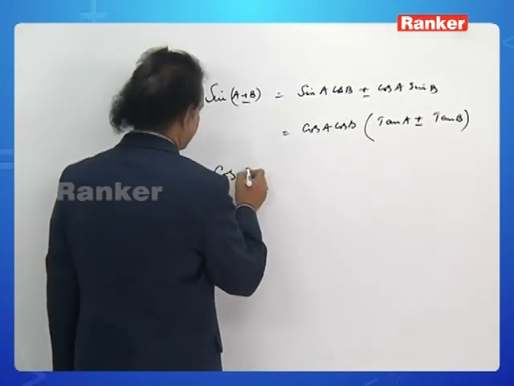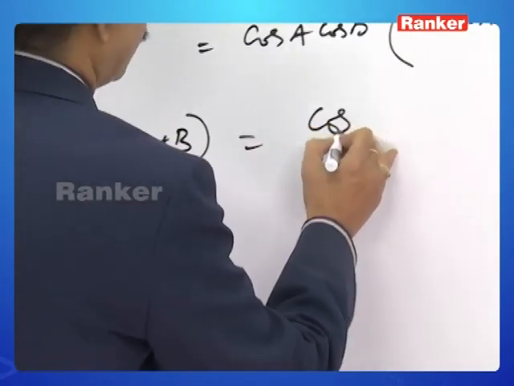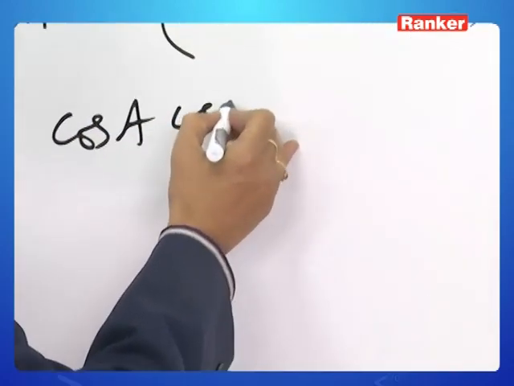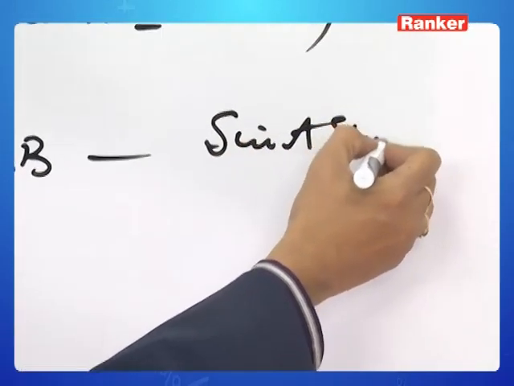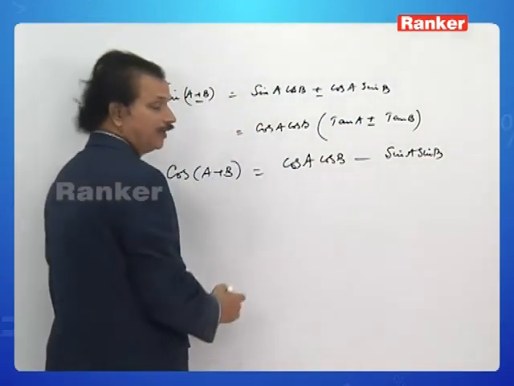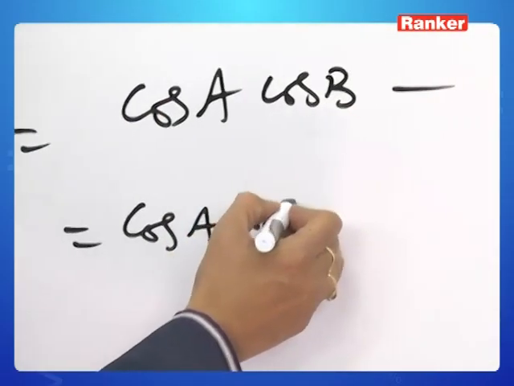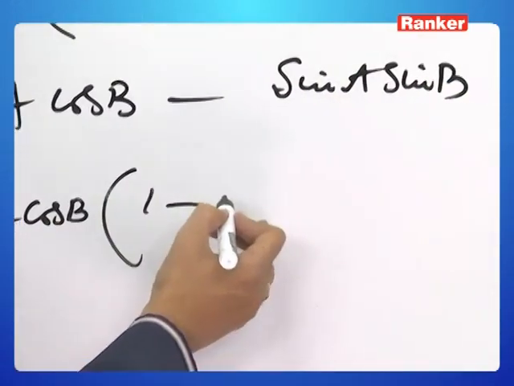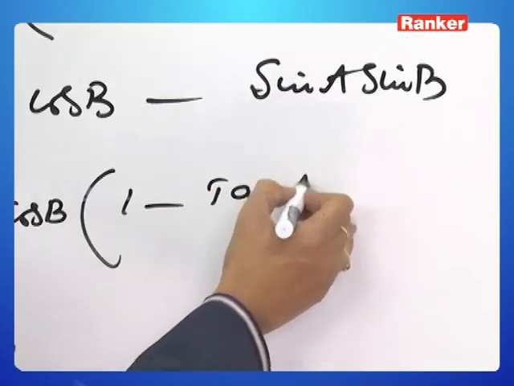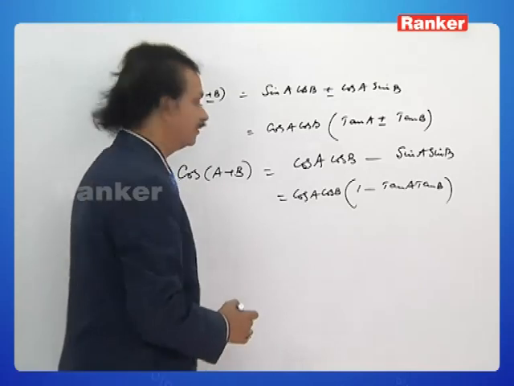Cos of a plus b. What is cos of a plus b? This is nothing but cos a cos b minus sine a sine b. If you take cos a cos b out, 1 minus tan a tan b.